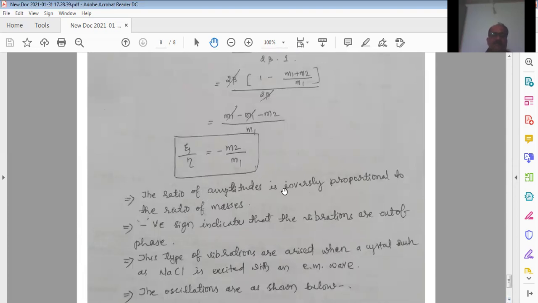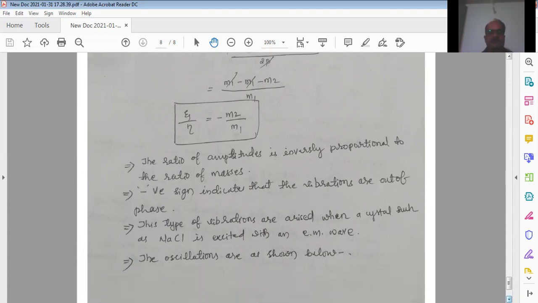So the ratio of amplitudes is inversely proportional to the ratio of masses. And the negative sign indicates that the vibrations are out of phase.